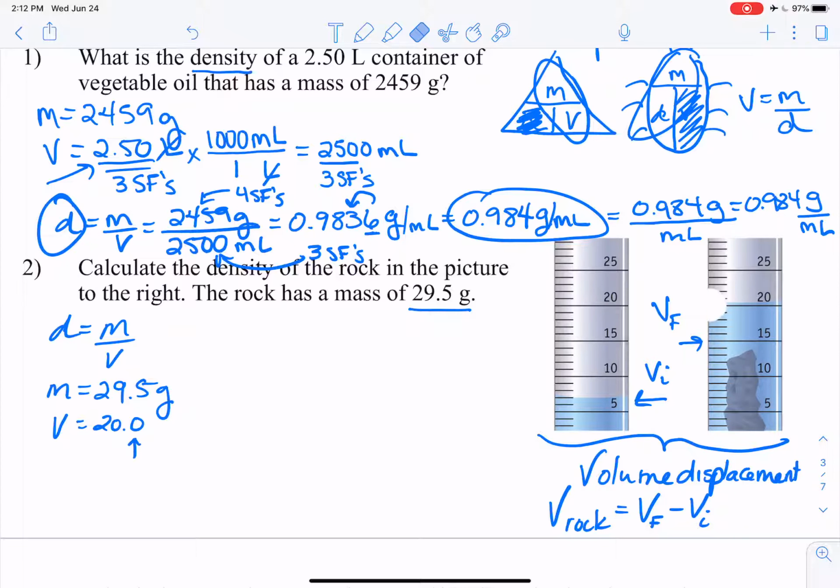And so right here, that's 20. And right there is 21. And remember, we need to make a guess. So if I guessed 20, just to make it easy here, it would be 20 milliliters minus whatever the initial water volume was before we dropped the rock in.